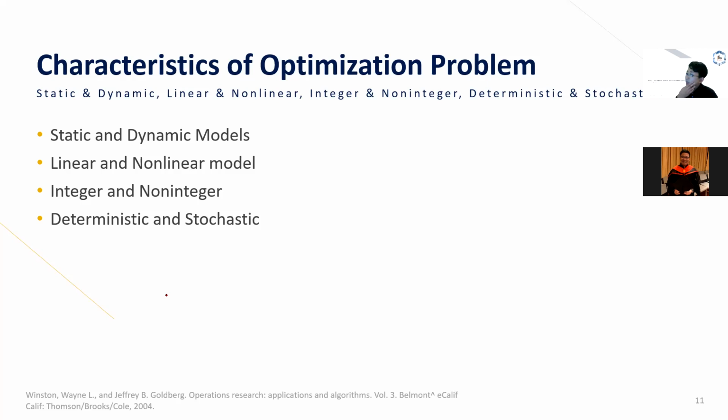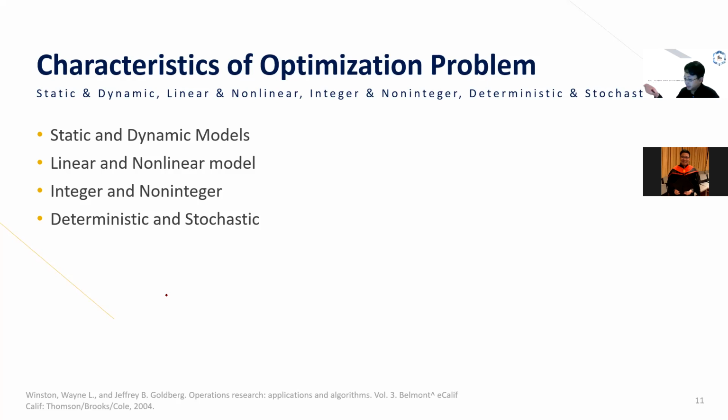And the last one is whether you consider a deterministic or stochastic model. Okay, this one we already discussed earlier. Deterministic assumes that the values of the decision variables and the parameters of the objective functions are known in advance. So when you are going to use those values, it's assumed that we can use a particular number to represent them.